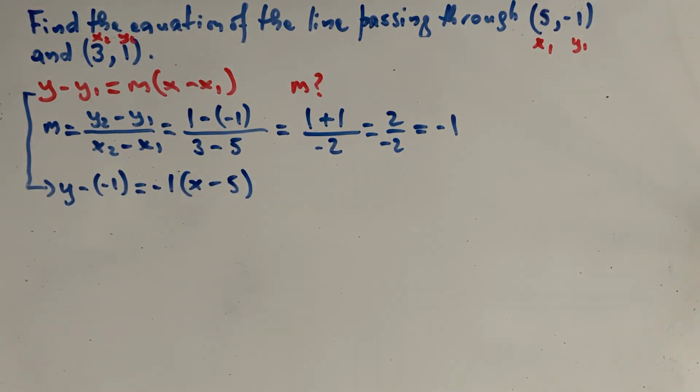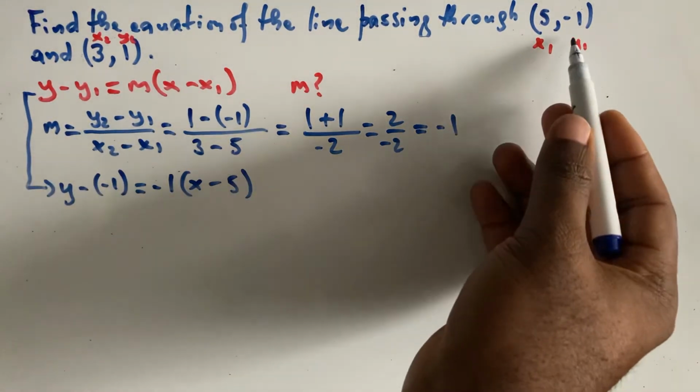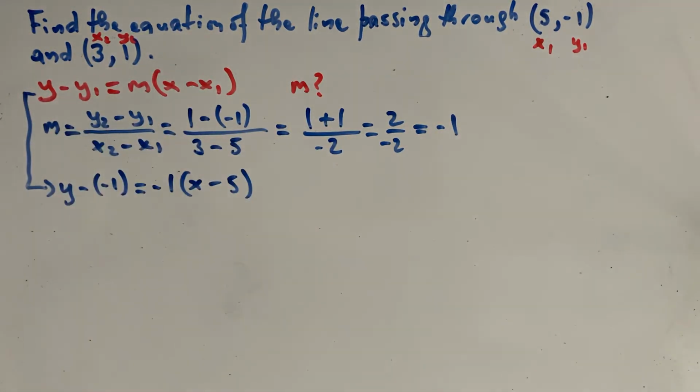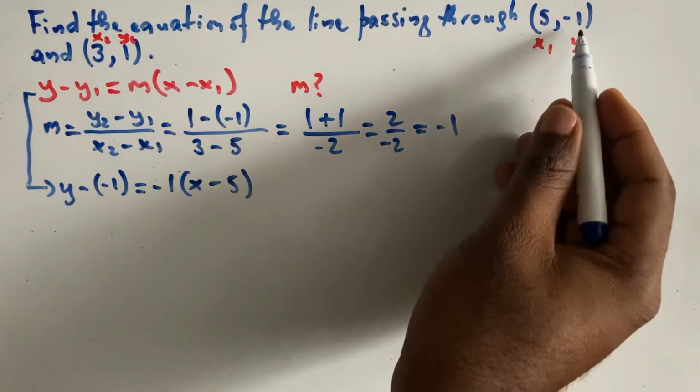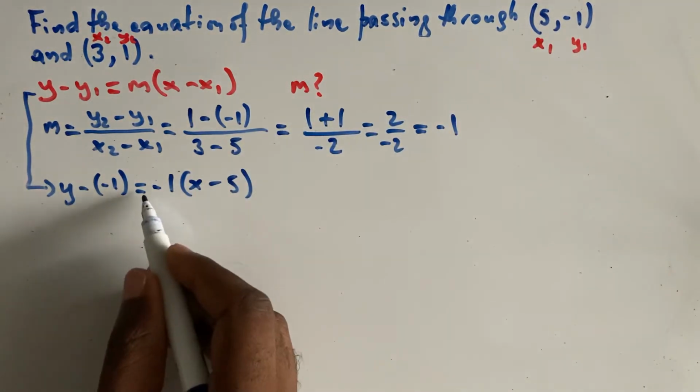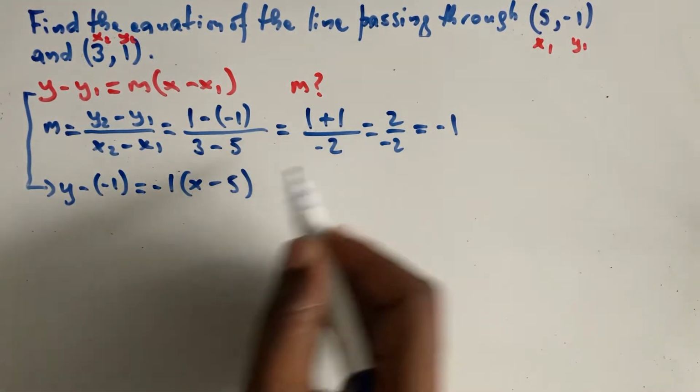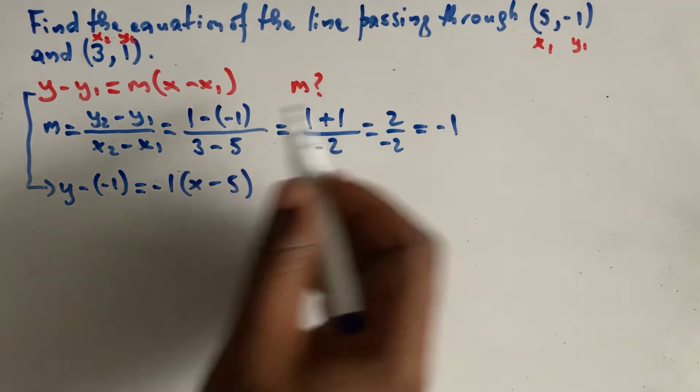Now, one thing to know here is that I'm using this point. I could have used the other point, and it would still give me the same answer. So it doesn't matter which point you use, but I'm using this one. So it's y minus negative 1 equals m, which was the negative 1 we got here, times x minus 5.